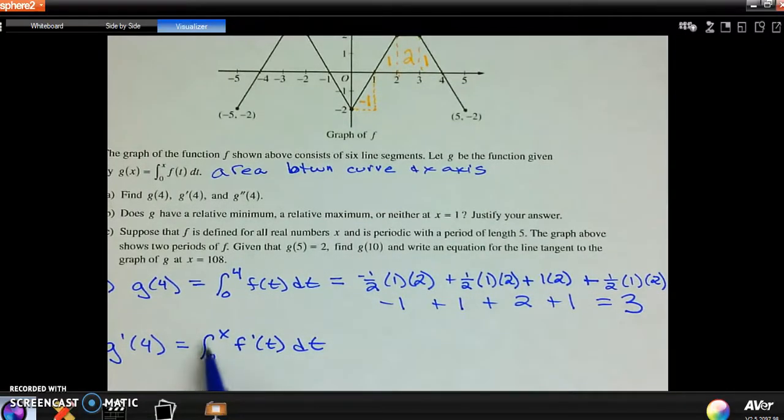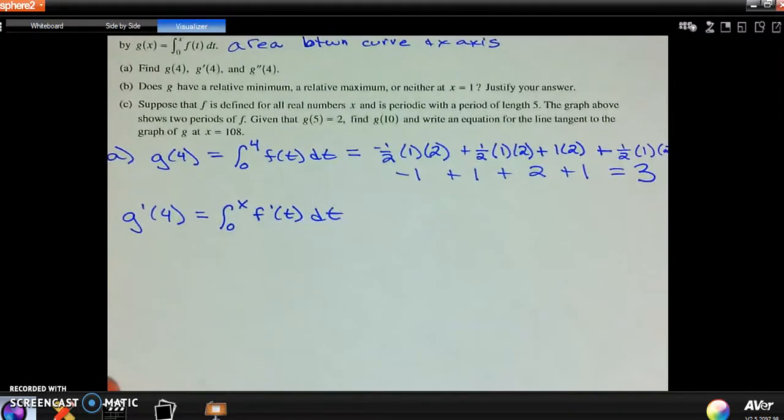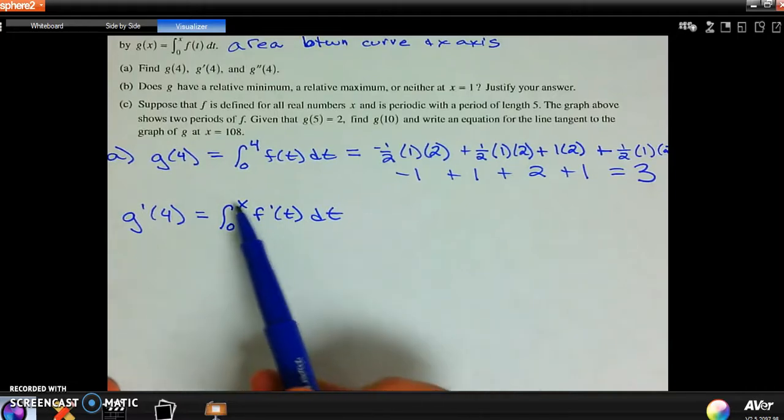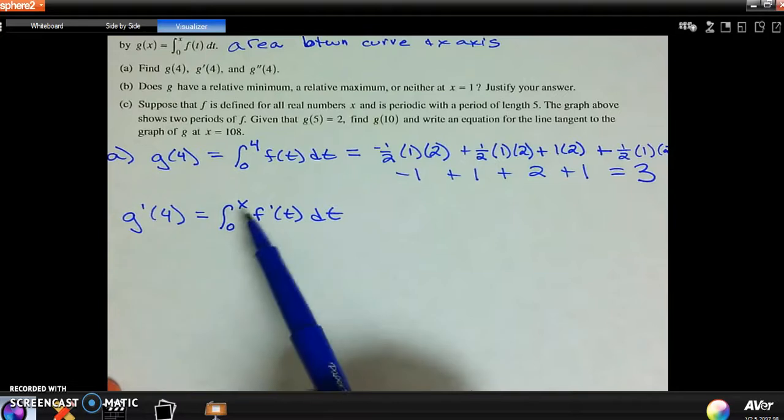And what happens when you take the derivative of the integral? Well, then your second fundamental theorem of calculus applies there. I can kind of scooch that because I don't need the picture right now. So your second fundamental theorem of calculus applies, and we can say, well, you're going to take this x and replace that t with the x.